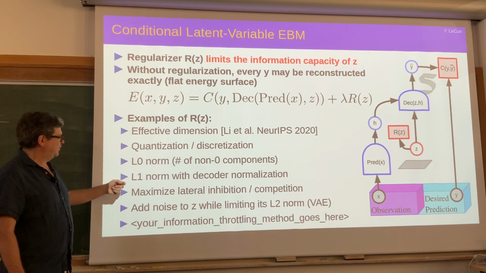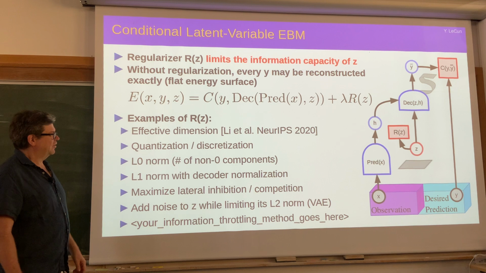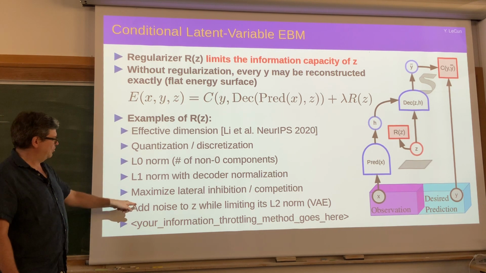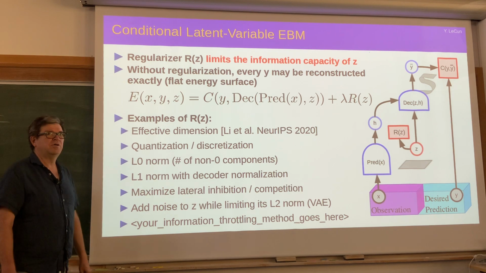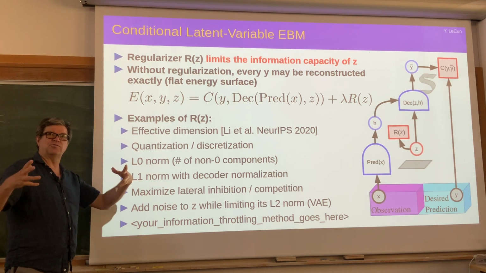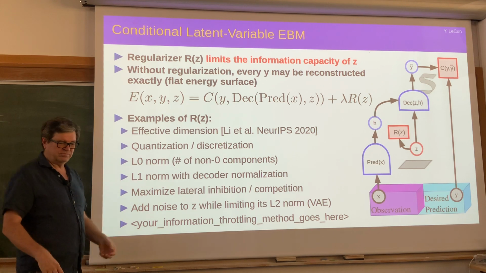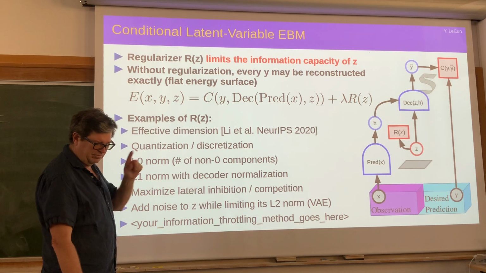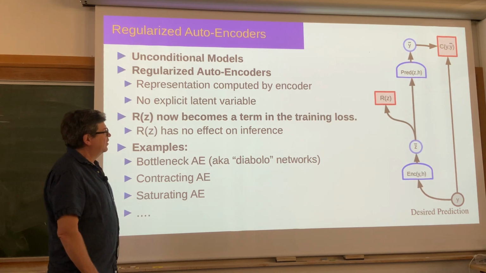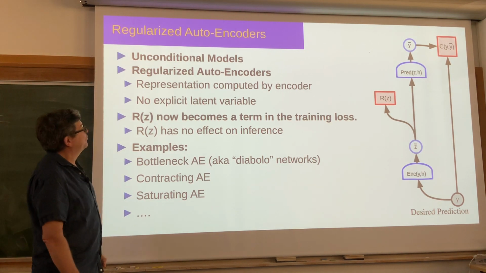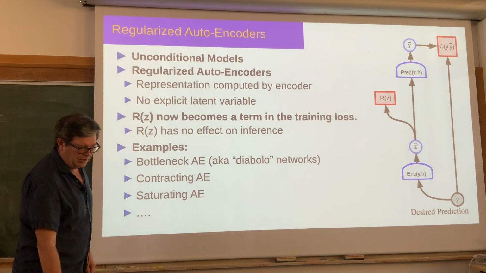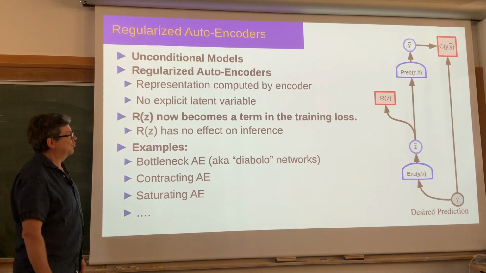That's called sparse coding. We can do other things of this type. And the last one is that we can add noise to the z variable to make it not a deterministic vector, but sort of a blurry, hairy sphere or distribution.